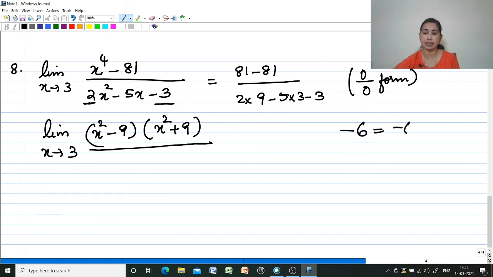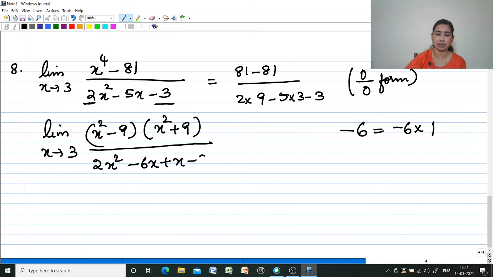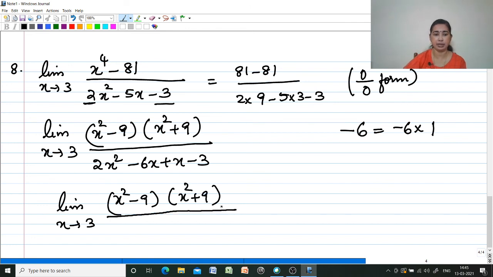Minus 6 is the same as minus 6 into 1. Adding, we get the middle term. So you can split this as 2x² - 6x + x - 3. Or that is, limit x tends to 3, (x² - 9) into (x² + 9) divided by, here common term 2x, remaining x minus 3, plus x minus 3.